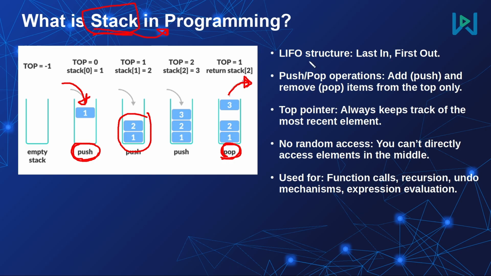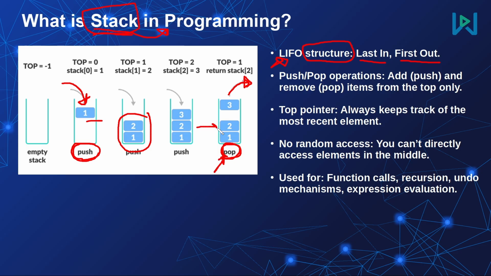In terms of structure, the stack will follow the LIFO data structure, meaning last in, first out. So the last element that has been pushed into the stack will be the first element to be taken out using the pop operation.